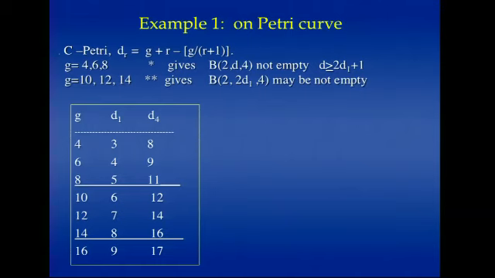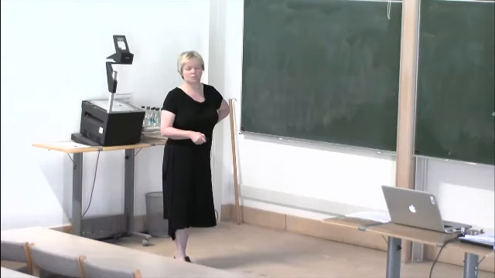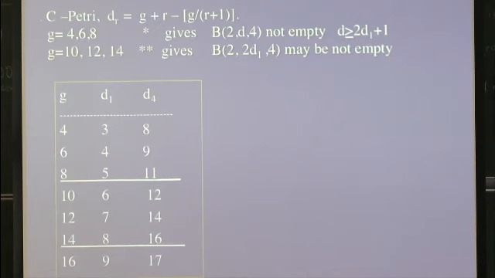And this is the area where 2 times D1 equals D4. And everything below that would generate the third case, when twice D1 is bigger than D4. But you see, it looks like there are a lot of cases when they are equal. That's an example.